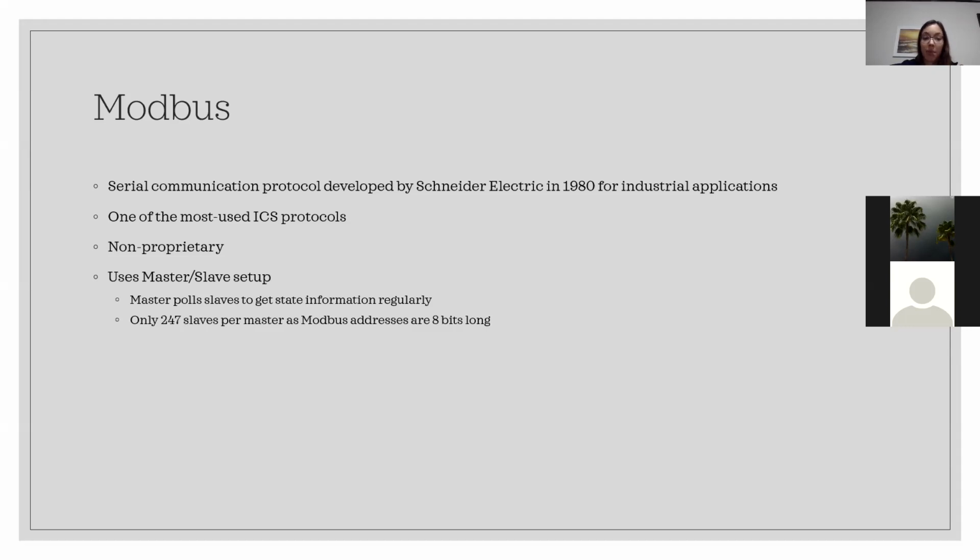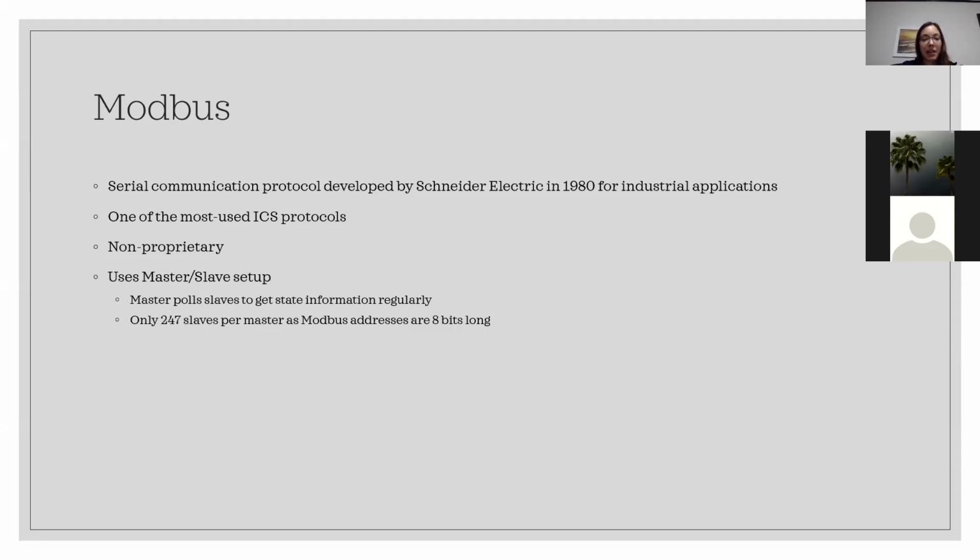It uses a master-slave setup. So the master polls slaves to get state information and get the packets back. Only 247 slaves per master because Modbus addresses are 8 bits.